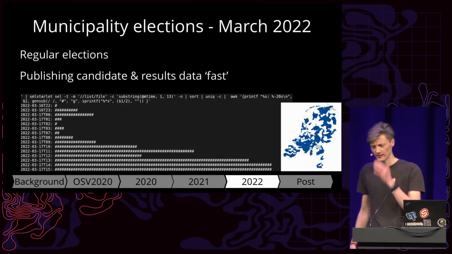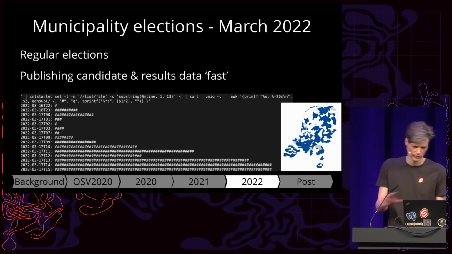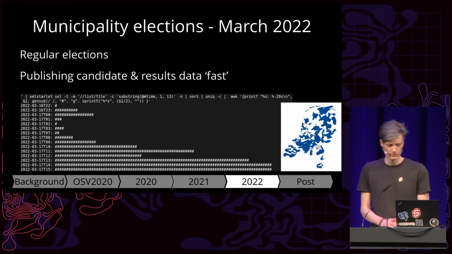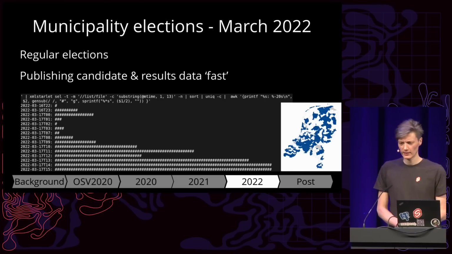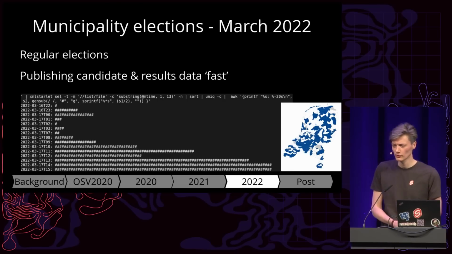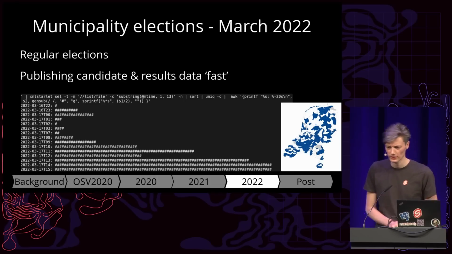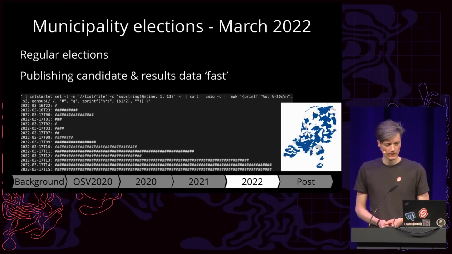Then we had the municipality elections of March, regular elections, plus Amsterdam, which was a redistricting, but wanted to be on the normal day. And we were really fast with the election results. I did some manual platform for that. But we had one issue though.